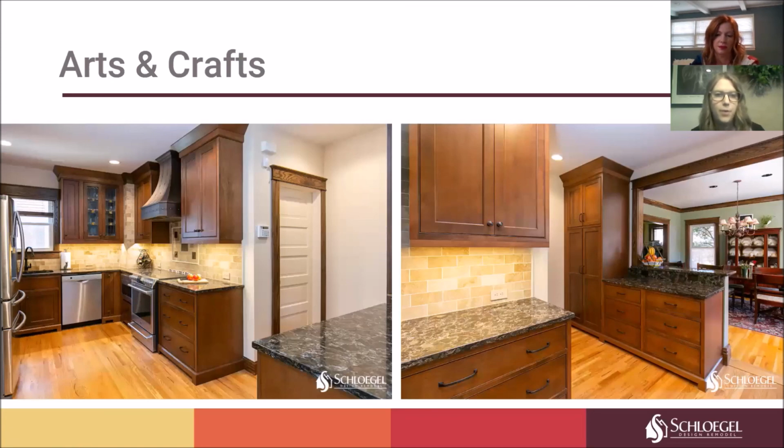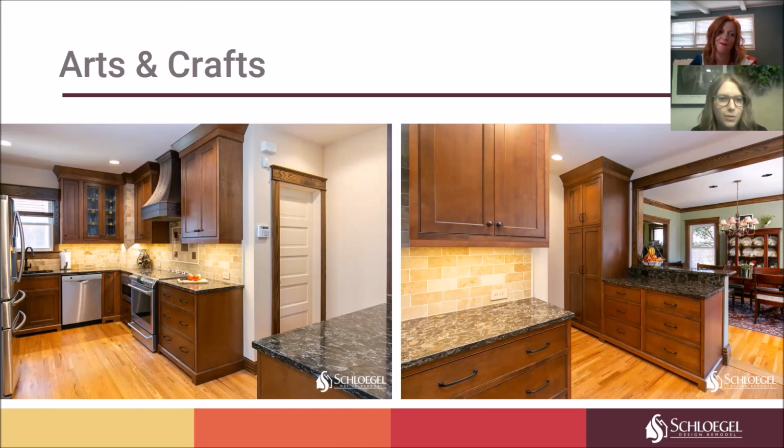So example of this kitchen, the kitchen that was in this house before was not craftsman, and it didn't fit with the style of home. So we removed all the cabinets out of here, and we had to work around some quirky elements in this kitchen where they had ductwork or chimneys that were running up the corners of the kitchen.